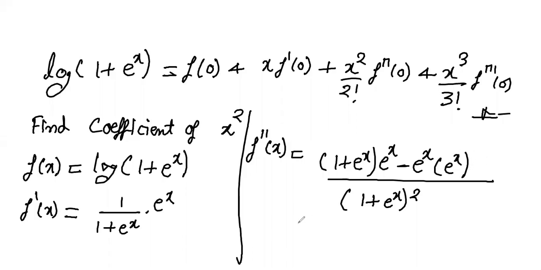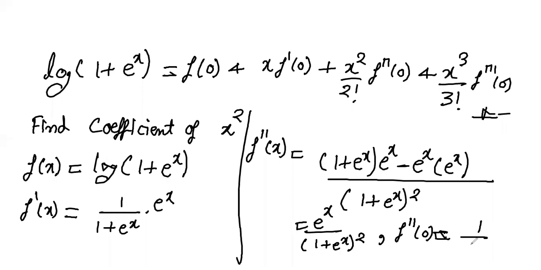So it is e x divided by 1 plus e x square. So f double dash 0 is 1 by 4.